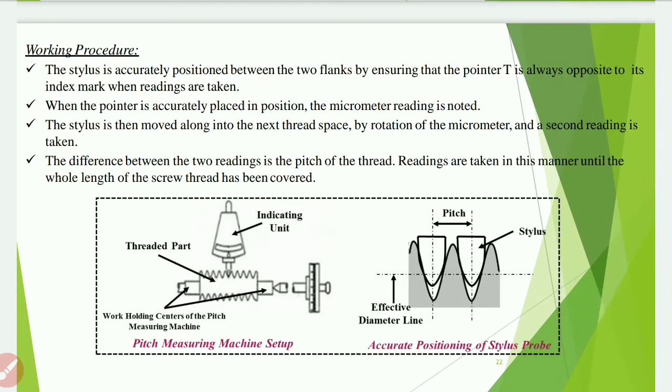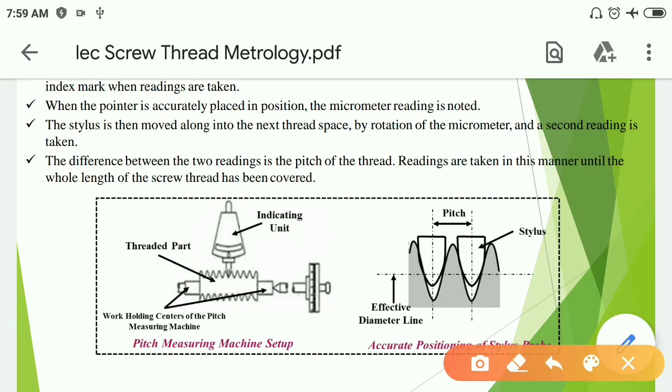Working procedure. The stylus is accurately positioned between the two flanks by ensuring that the pointer T is always opposite its index mark. When the pointer is accurately placed in position, the micrometer reading is noted. The stylus is then moved along into the next thread space by rotation of the micrometer and a second reading is taken.